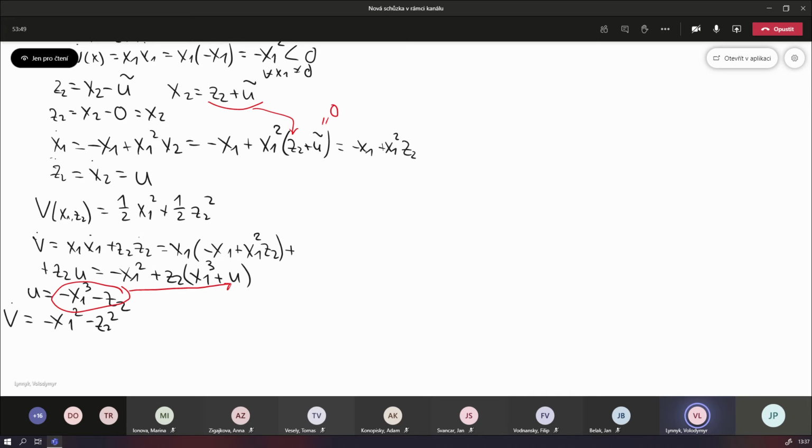Now for implementation we need to change this z2, and u equals what?